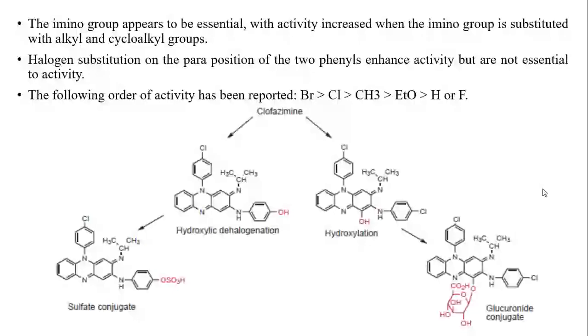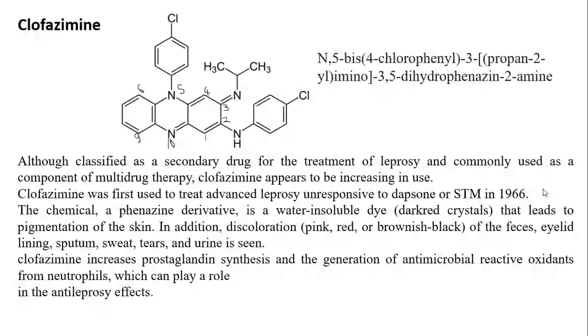Regarding the SAR studies, the imino group appears to be essential, with activity increased when the imino group is substituted with alkyl or cycloalkyl group. So over here, this amino group should be substituted with alkyl or cycloalkyl group to produce the desirable effect.